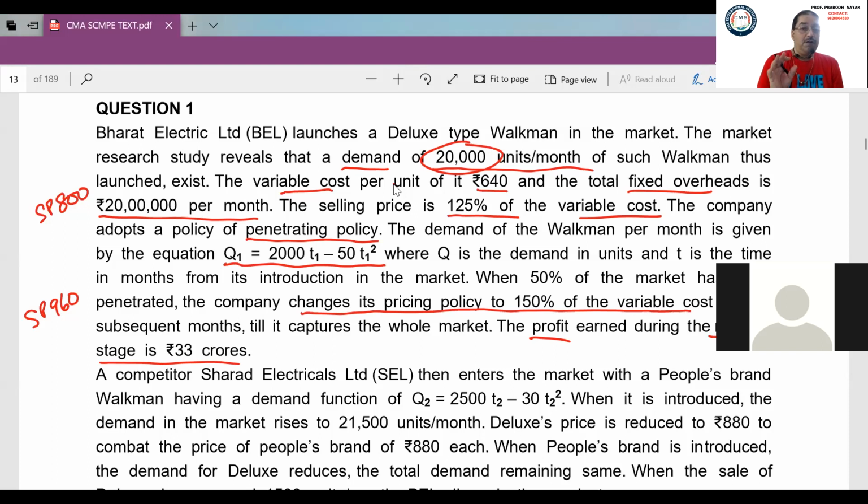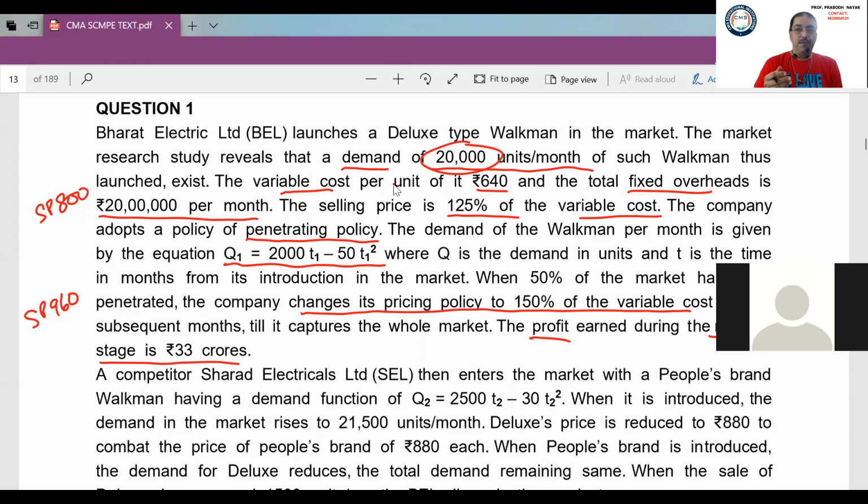So let us try to understand this like a story. Company BEL, Bharat Electrical Limited, wants to sell Walkmans. Market demand is 20,000. It says we can try to satisfy that demand. Variable cost is 640. Initially it says selling price will be kept as 125% of variable cost, 800.